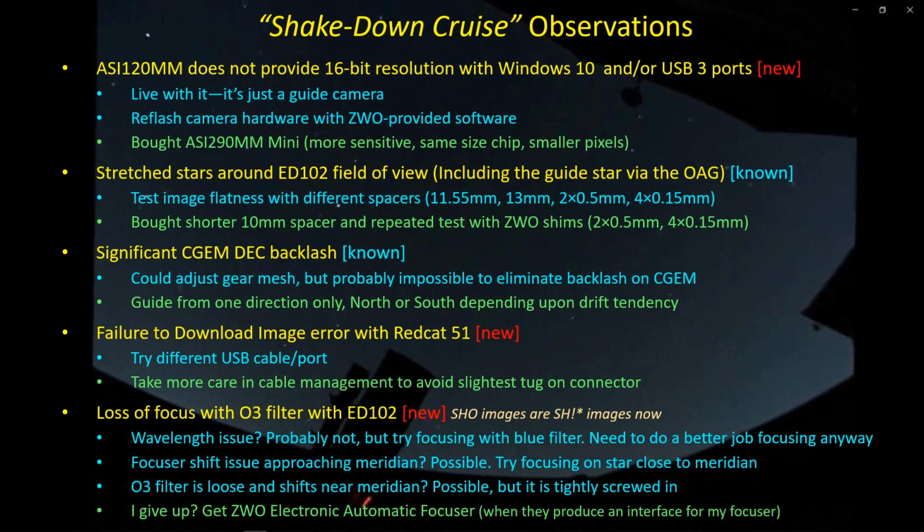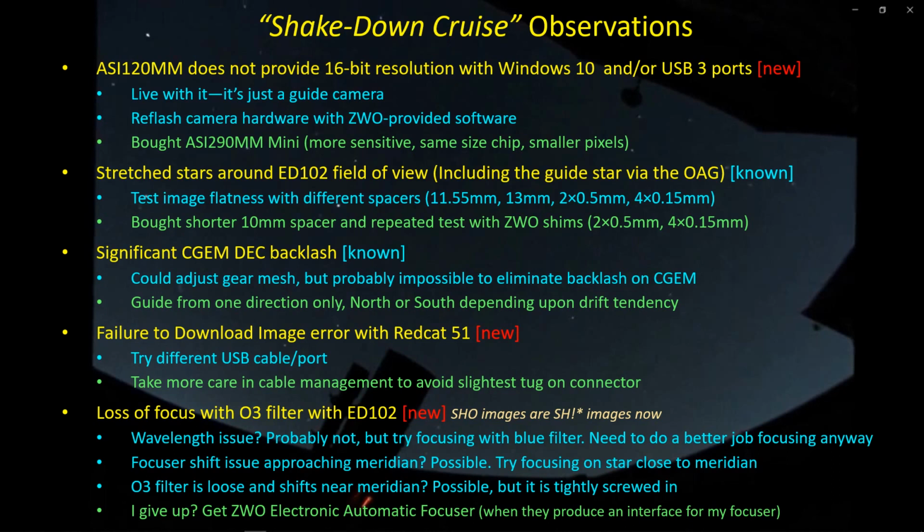It's just the oxygen, and maybe it was just the one that was on the verge of not being in focus, so it was the first one to go. And maybe if I do a better job of focusing and focus on a star close to the meridian where I can, maybe those two things can help out. Another thing I was curious about, maybe the O3 filter was loose in the holder, and so as you approach meridian, it just kind of fell slightly and shifted out of focus, but I checked it and it was fine. In the long run, I'm going to give up on this and probably just get an electronic focuser.